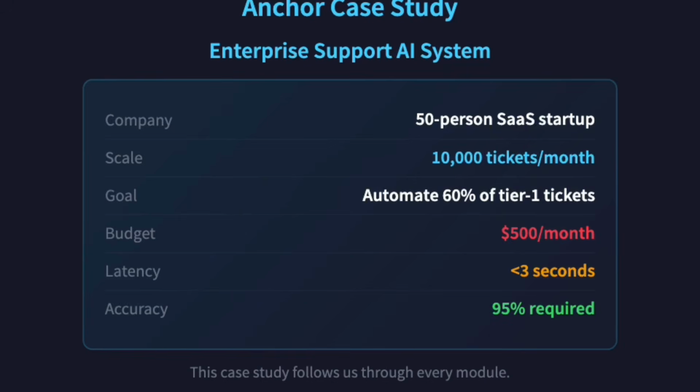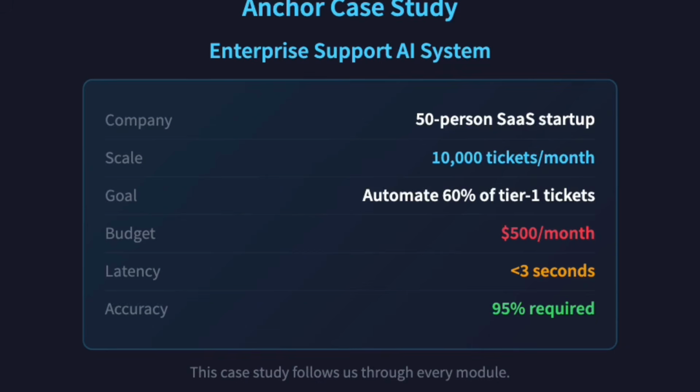All right, here are the actual constraints. The budget: $500 a month for AI cost. That's it. API calls, embeddings, everything. Second, latency. Responses need to come back in under 3 seconds. Customers are in live chat and they won't wait. Accuracy: 95% of the automated responses need to be correct.